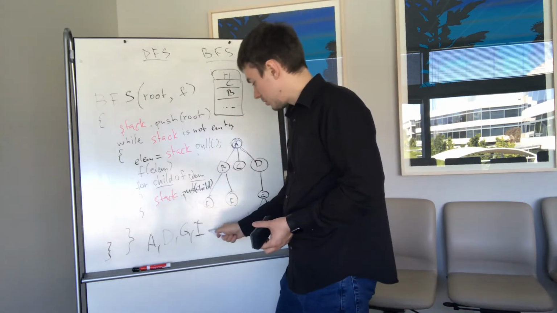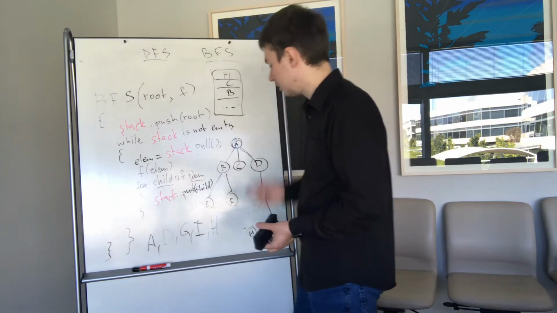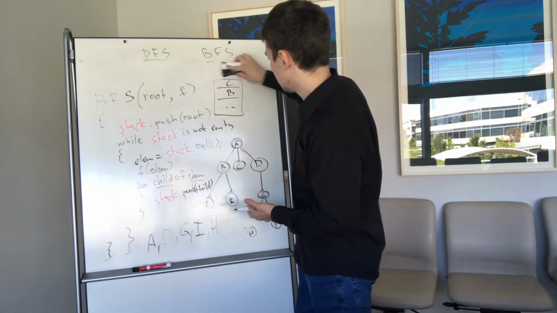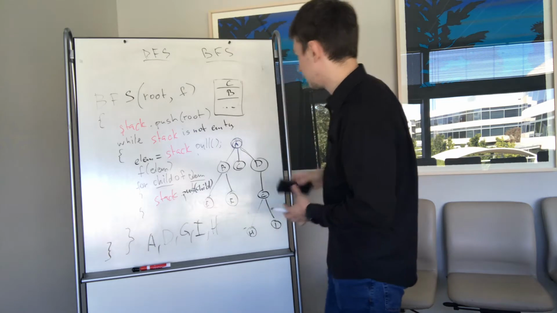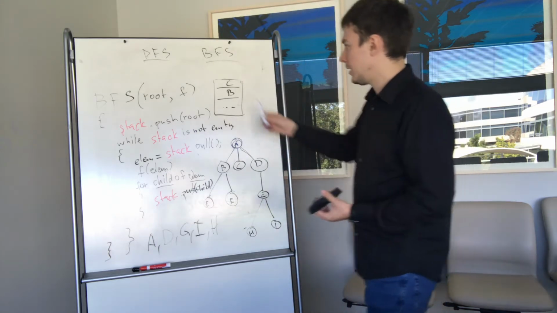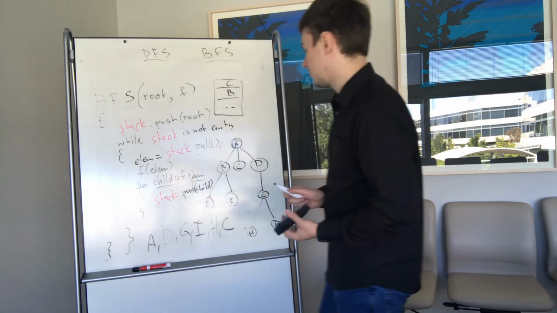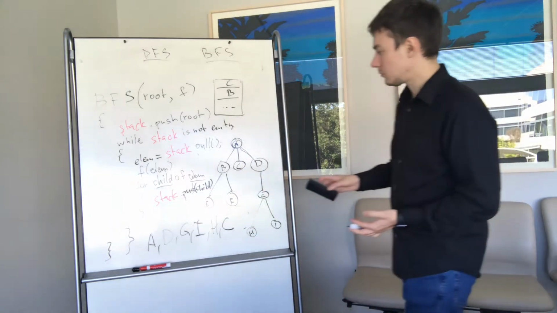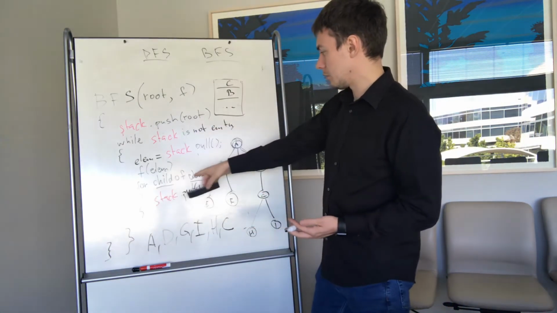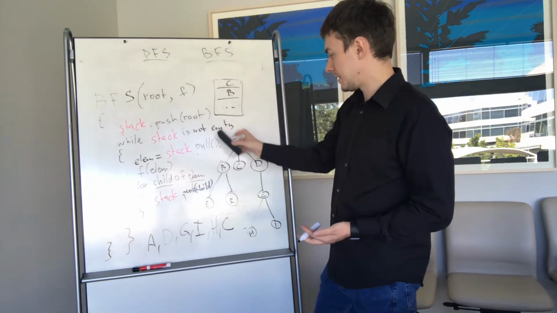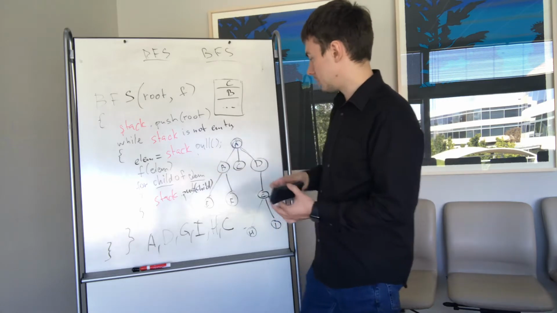We print H. H has no children as well, and our stack looks like this. After that, we print C. Trying to add its children, but it has no children. But our stack is still not empty.